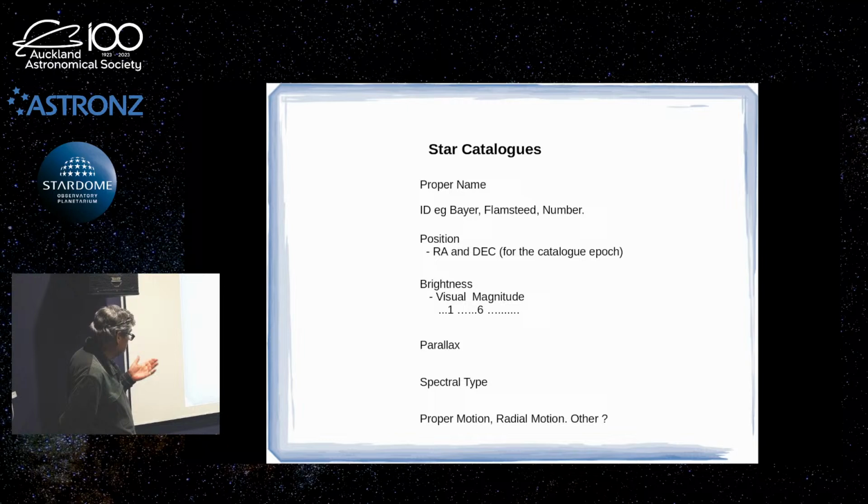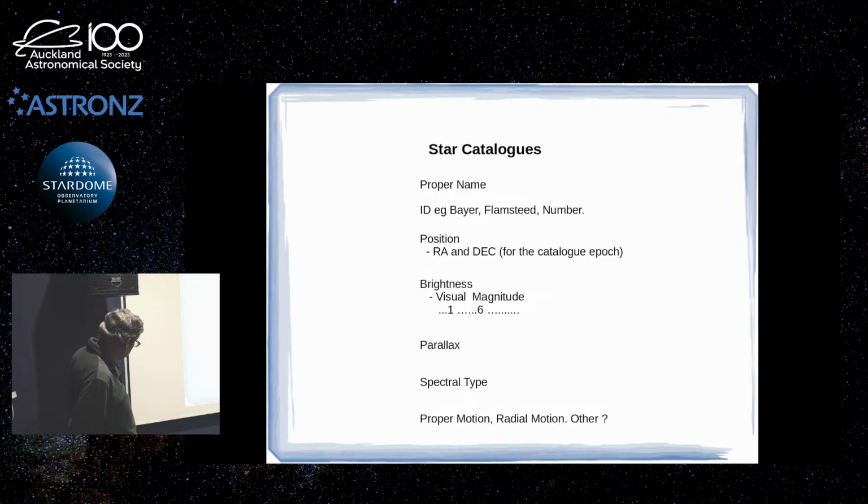And obviously for actual location you need something a bit better than that, so you have the position, right ascension and declination, plus the date that applies to, so you can do the precession calculations. Generally that will be constant through the catalogue, so they say the catalogue is valid for some epoch, and then you need to precess all the coordinates to get to the current date.